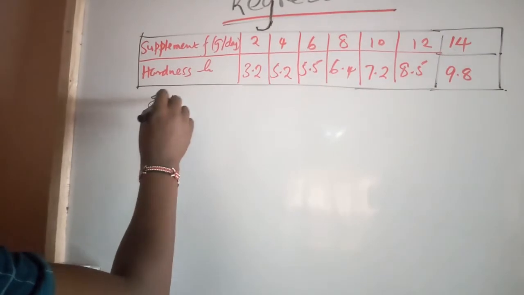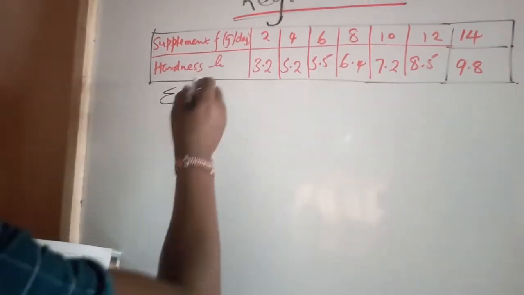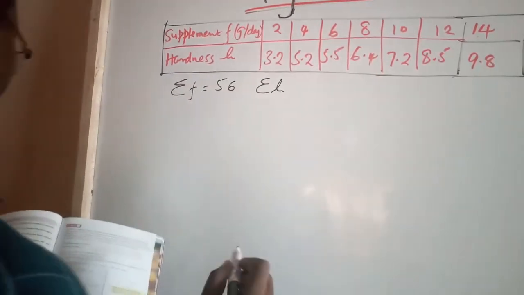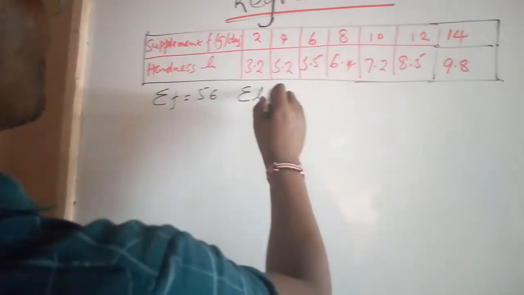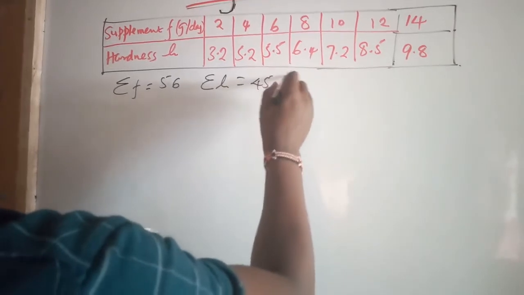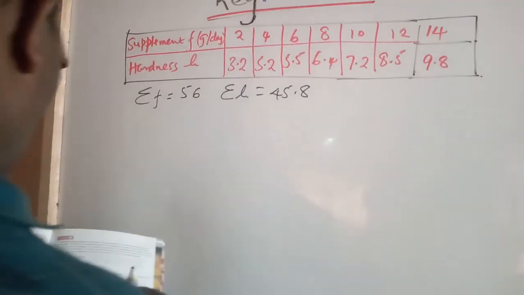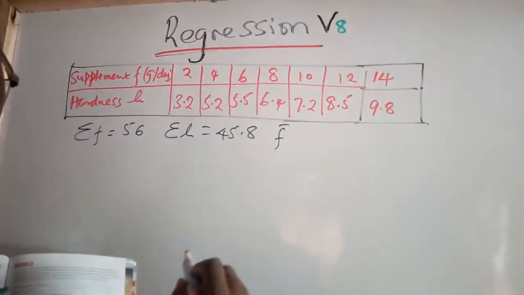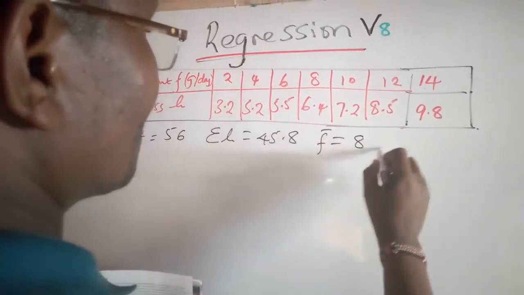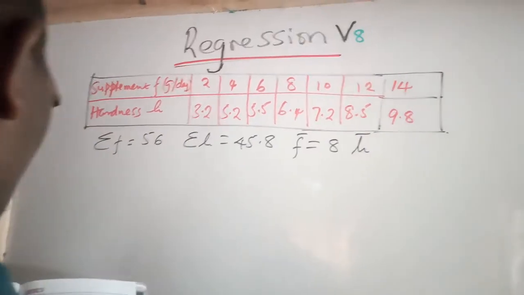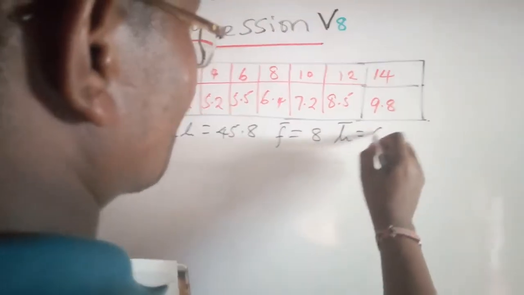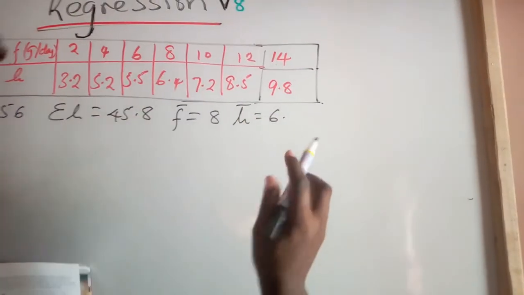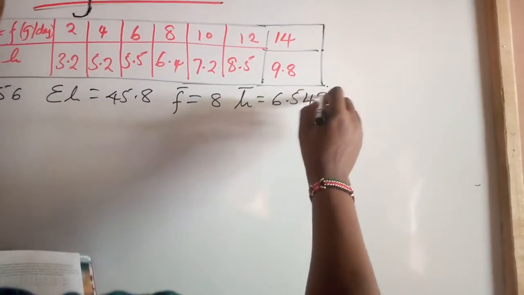At this juncture, you are told that we may use sigma f equals 56, sigma h equals 45.8, the mean of f, f bar, is 8, h bar, the mean of h, is 6.543.